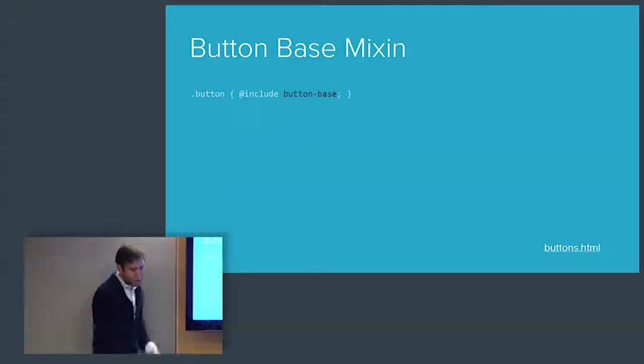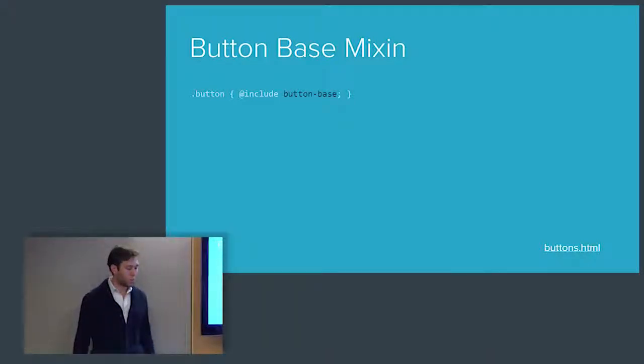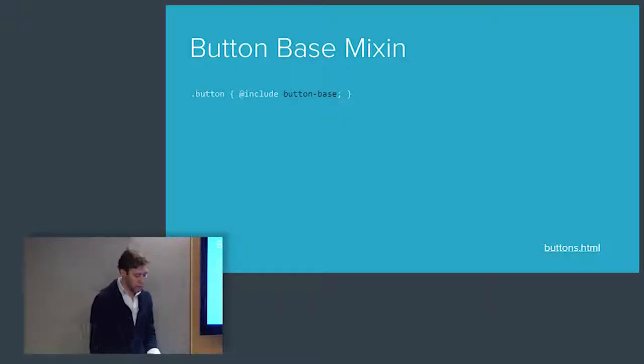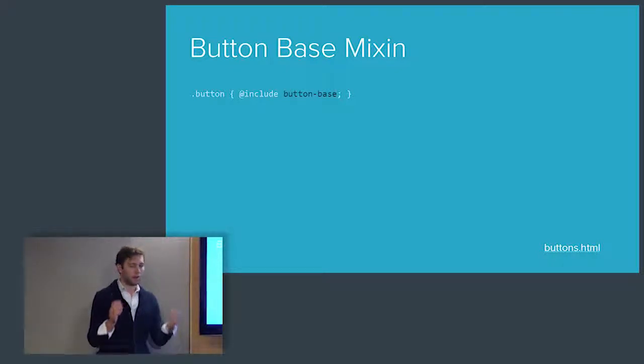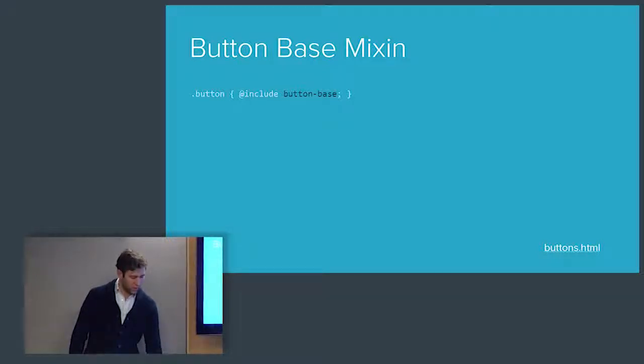Oh, okay, button base. But if we wanted to get really granular, there are separate mixins for each one of these things. We can build a button from scratch basically with a button base, which will just give you the bare bones. It'll just be like a container with a border and some text, and that's it. And then we can add in styles.